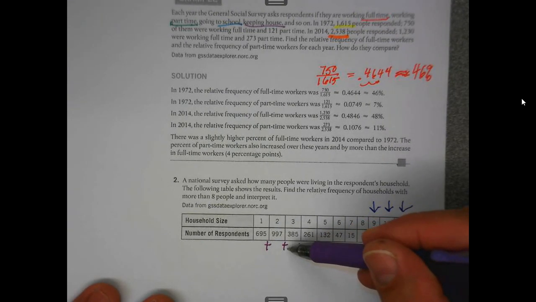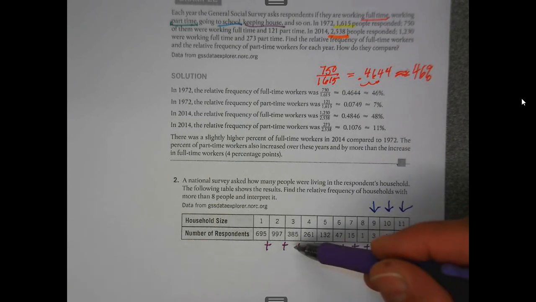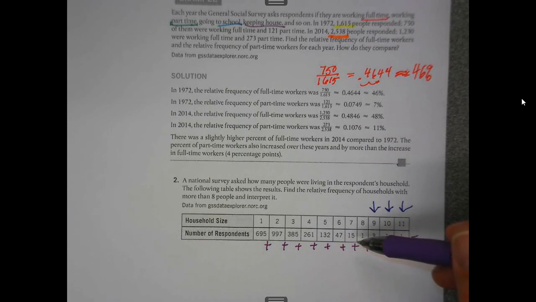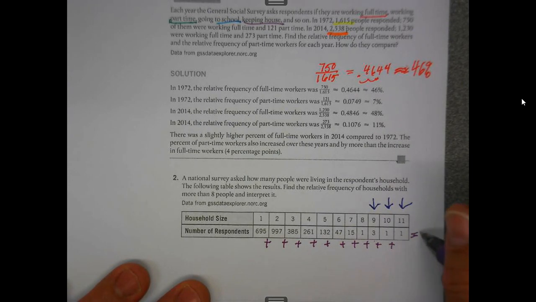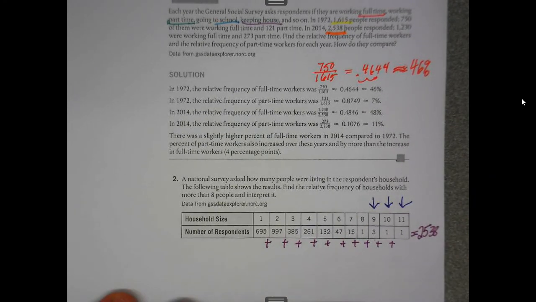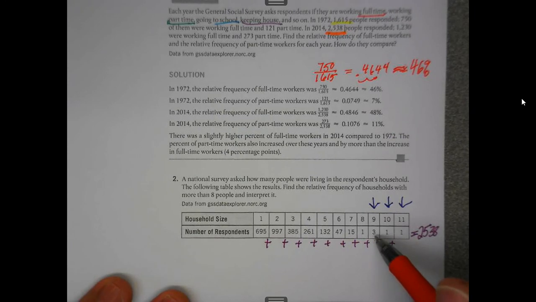So if I go back and look at these, I'm going to have 3 respondents out of a total of 2538. Remember, part to whole. So for the 9 household, I got 3 respondents out of 2538. And they want us to find more than 8 people.